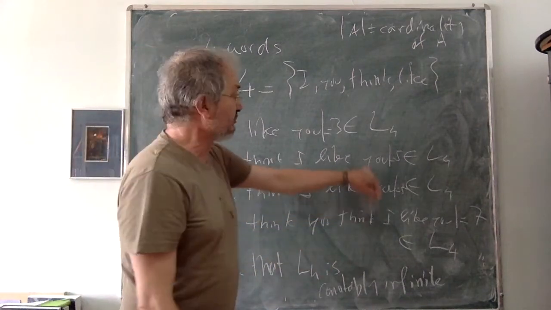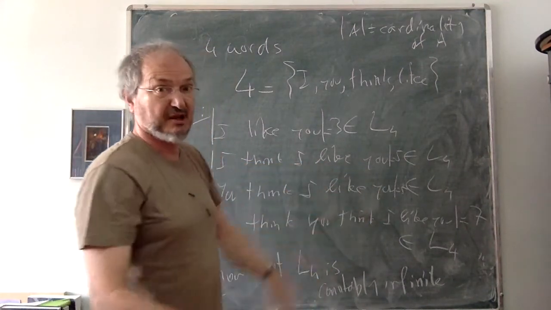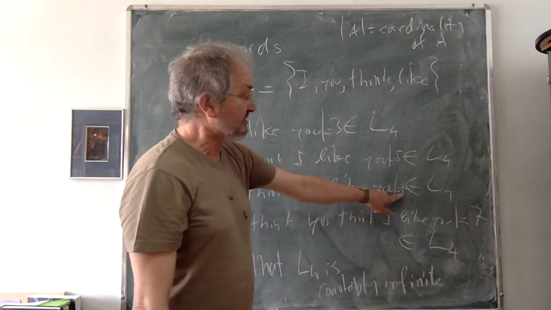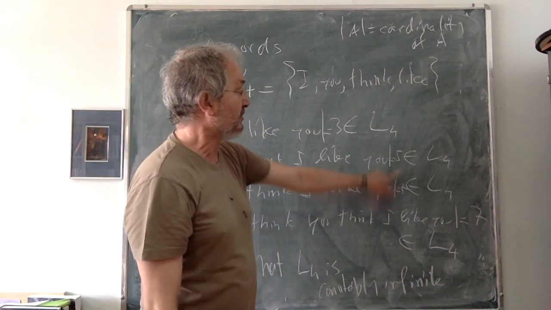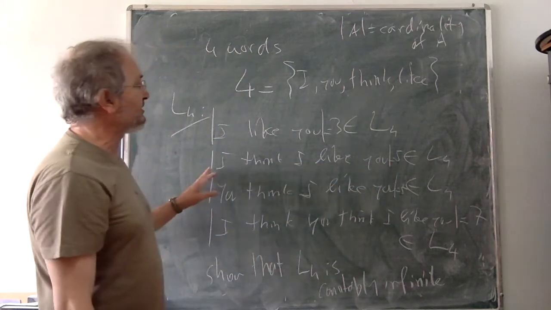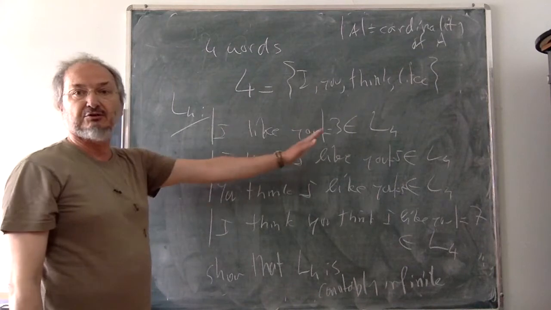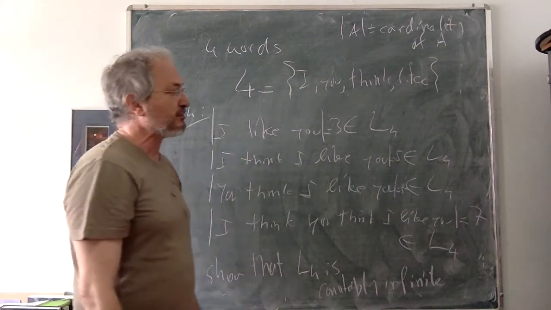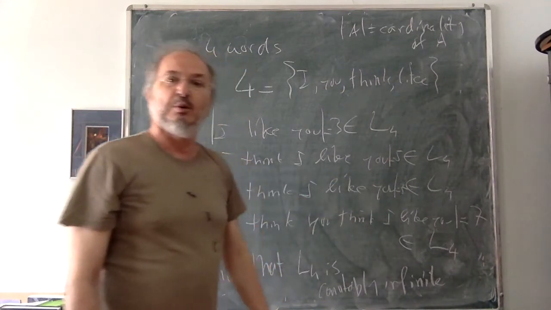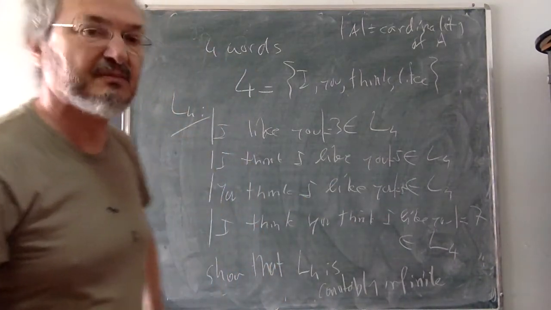But apparently, if you do it by number, just simply counting the words in the expression, this is not going to be one-to-one, because this is going to be mapped to 5. If your idea is to map the length of the sentence to n, this is not going to work, because there are 2 things mapped to 5, and similarly more than 1 mapped to 7.